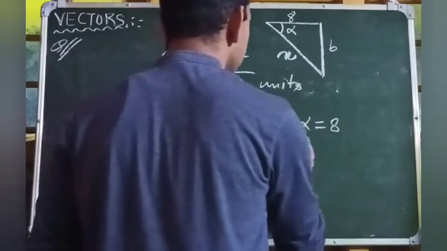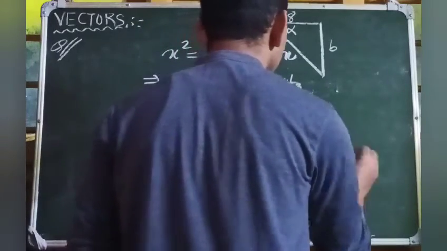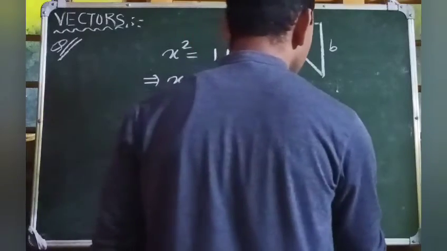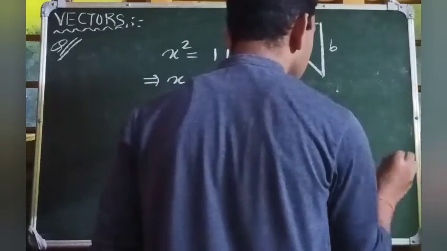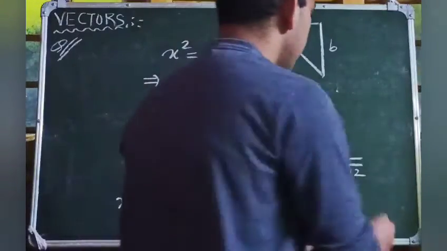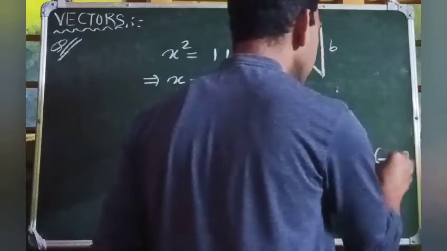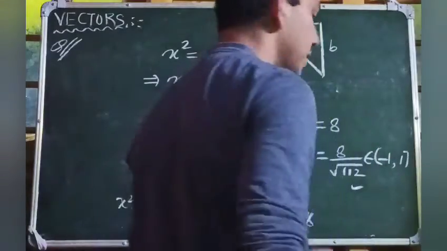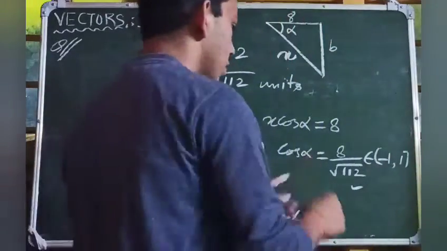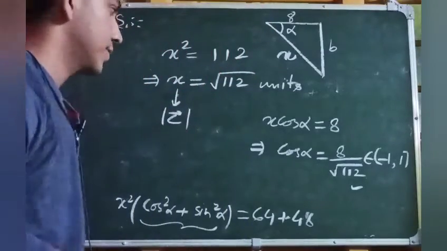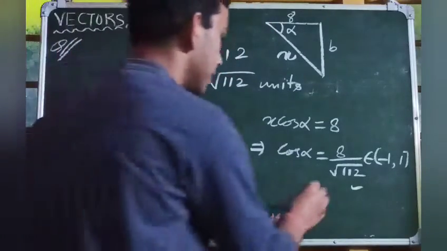So cos alpha is equal to 8 upon x, which is basically 8 upon root under 112, and we know that this value lies between -1 and 1. So this expression is valid, therefore alpha is cos inverse of this term. Solved.